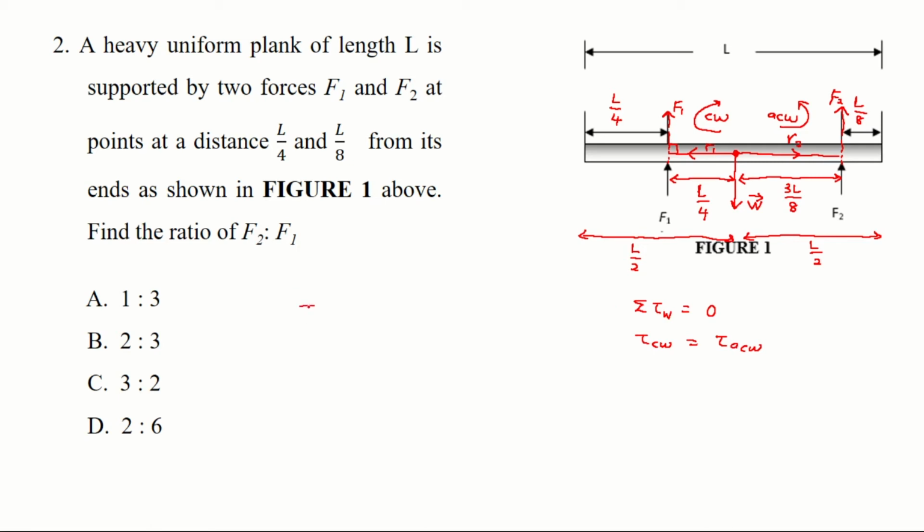We know that torque is a vector equal to R cross F, so the magnitude of torque equals R F sine theta. So torque clockwise, R1 F1 sine theta 1, equals torque anti-clockwise, R2 F2 sine theta 2.